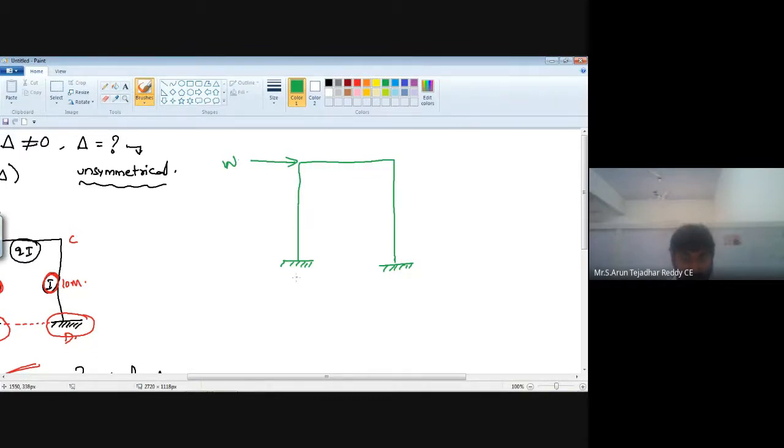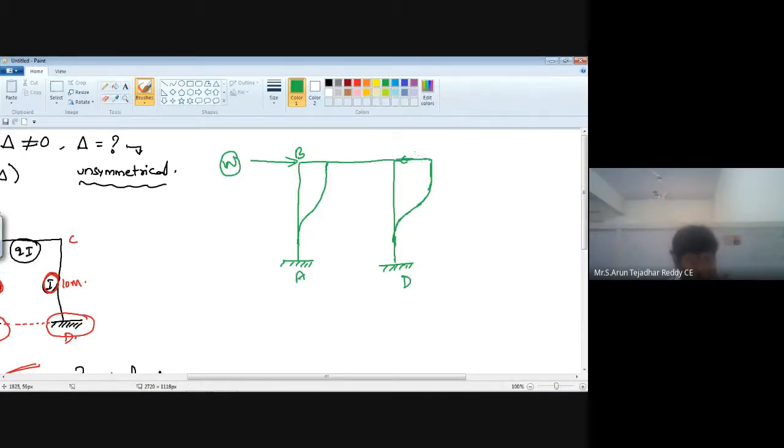here column A to B and column C to D will get some deflection. See how you get the deflection? Like this. Due to this W we will get deflection in the C to D column also. See, this is your deflection.